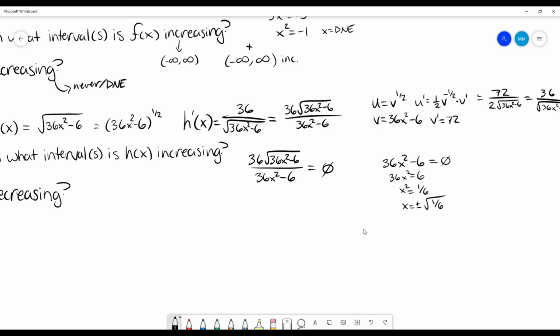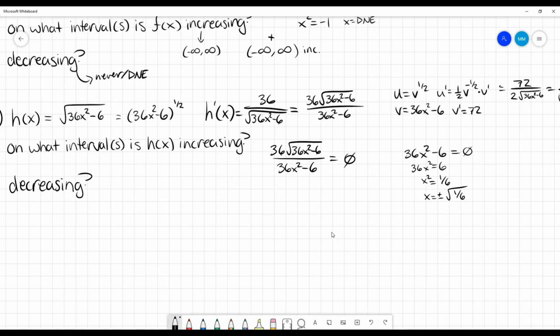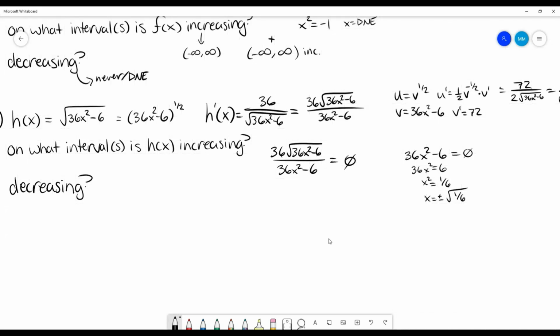Yeah, that should work. So let's see. Are there any values for which this is undefined? Surely there are.